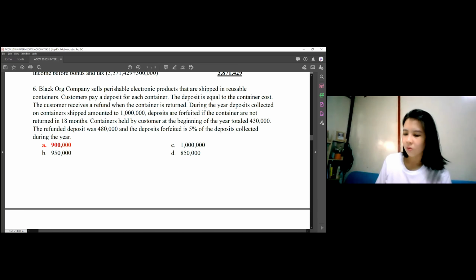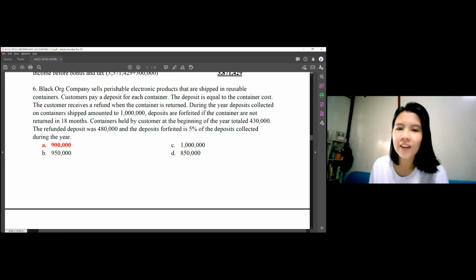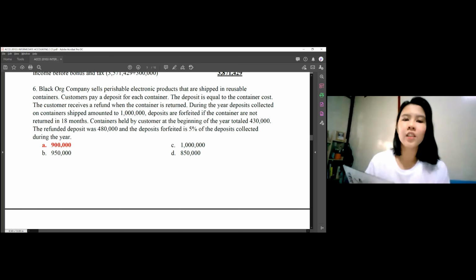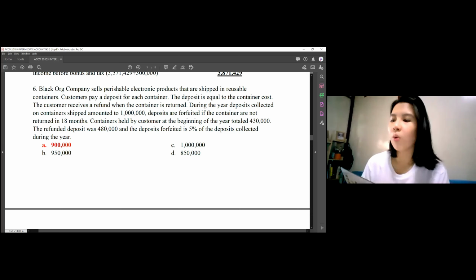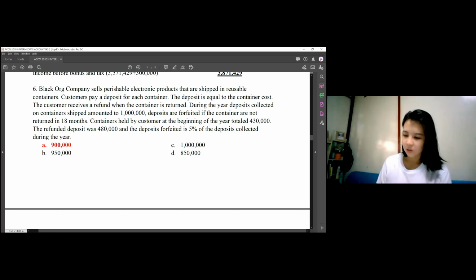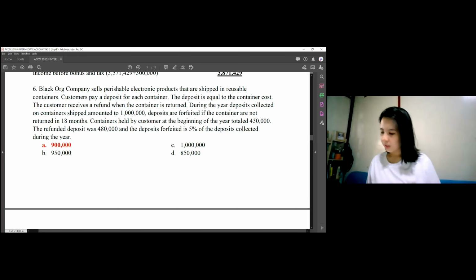Deduction siya. So, sana makikita niyo pa ito mamaya. And then, there are forfeited deposits, meaning nag-lapse na yung 18 months. So, that's yung 1 million times 5%, which is 50,000. So that's a deduction as well. So with that, we'll get 900,000.